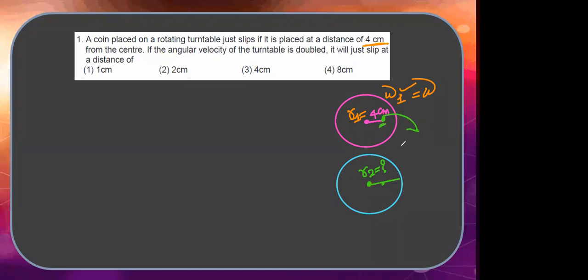So on increasing the angular velocity of the turntable, if the angular velocity is doubled, omega 2 is equal to 2 omega. Then what is R2 they have asked?